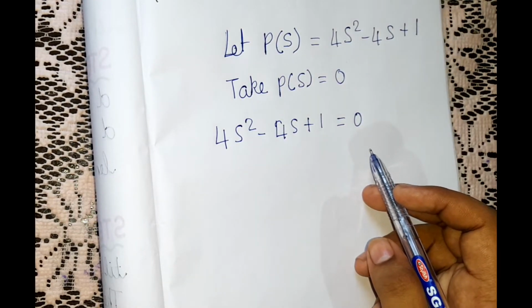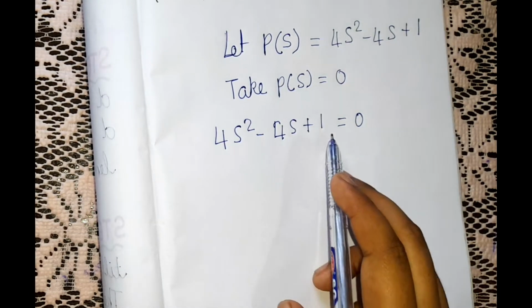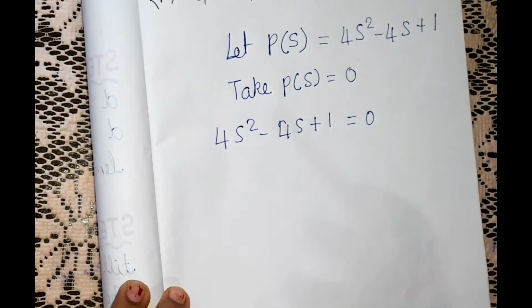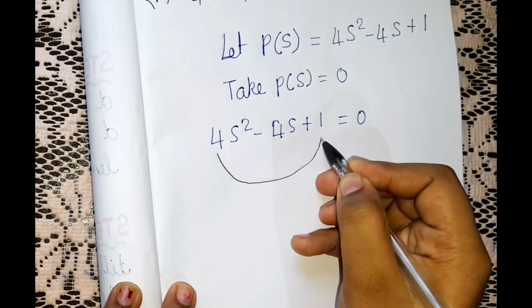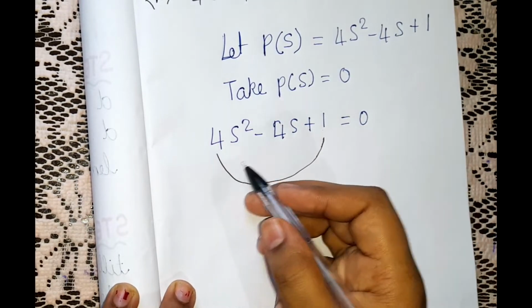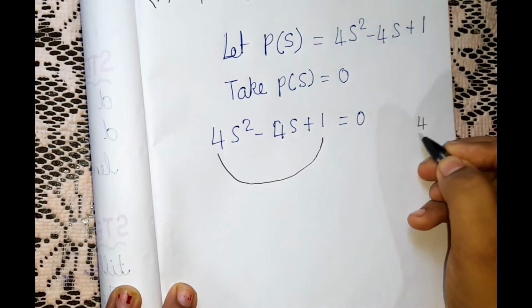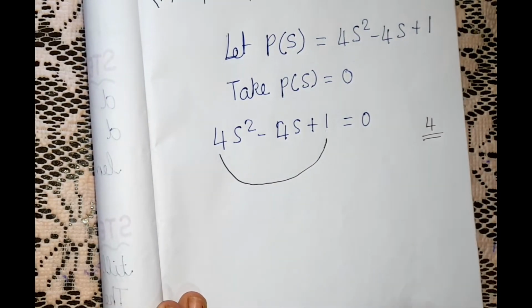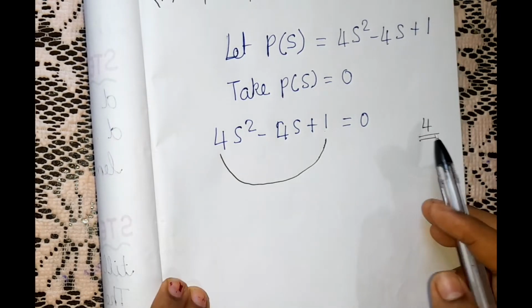Here you can notice something. When we multiply the first number and the last number, we should multiply that first. So when we multiply 1 into 4, we get 4. Am I right? So we get 4. Now we need two numbers which multiply to 4 and when we add them, we should get 4.